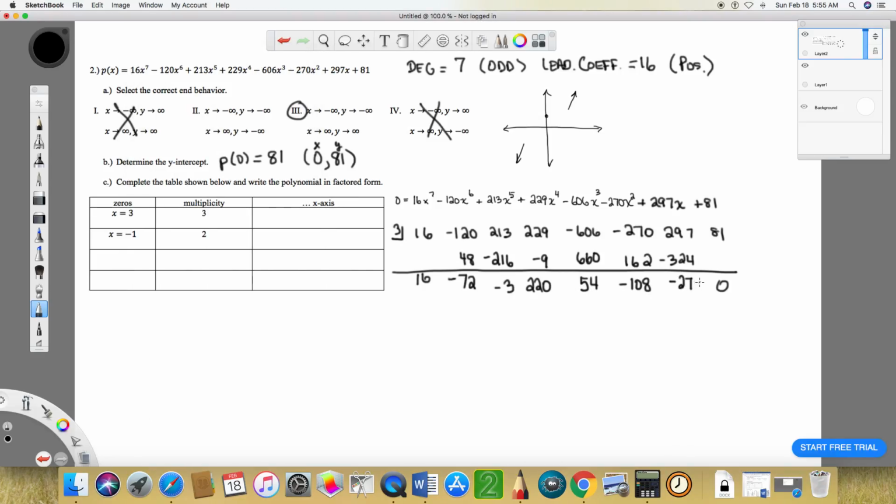Everything is good there. All right, so let's do synthetic division again, and again we should get a 0 right here.